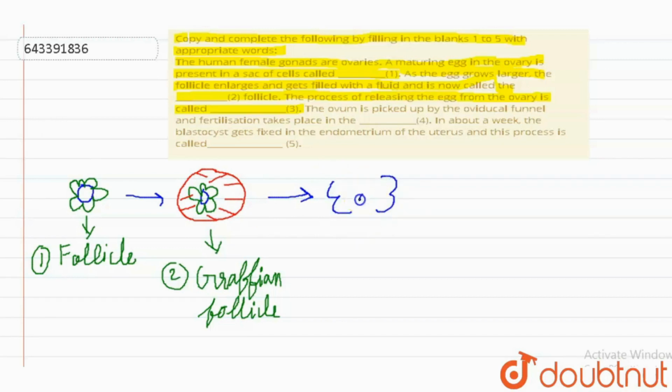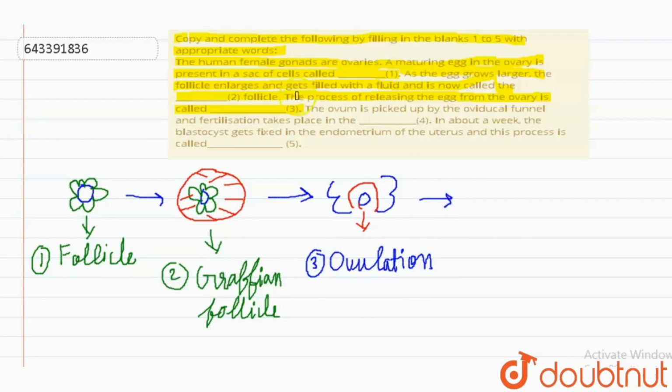Now the fully matured ova, which is inside the Graafian follicle, will come out. This process of coming out of the ova from the ovary into outside is known as ovulation. So ovulation would be our third blank.